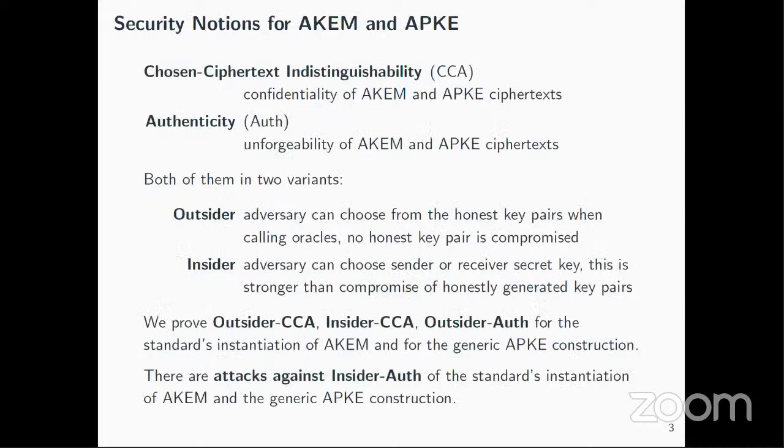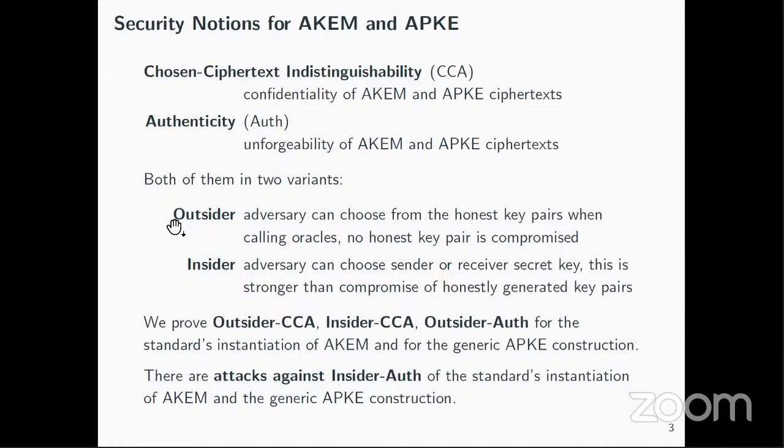In this work, we developed security notions and proved them for authenticated KEM and authenticated PKE. First, chosen ciphertext indistinguishability, which covers confidentiality of encapsulations and ciphertexts, and second, authenticity, which covers unforgeability of encapsulations and ciphertexts. And for these two, we have two different settings.